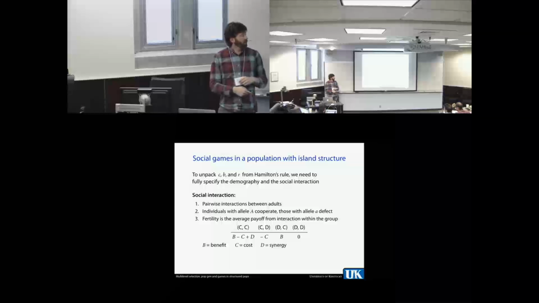And we're going to modify that payoff a little bit. We're going to make it non-additive. So before we had just B minus C, and B, we're going to add a synergistic effect here. So the possibility is that two cooperators can maybe get even more by working together than just the additive effect of the helping that they had before.